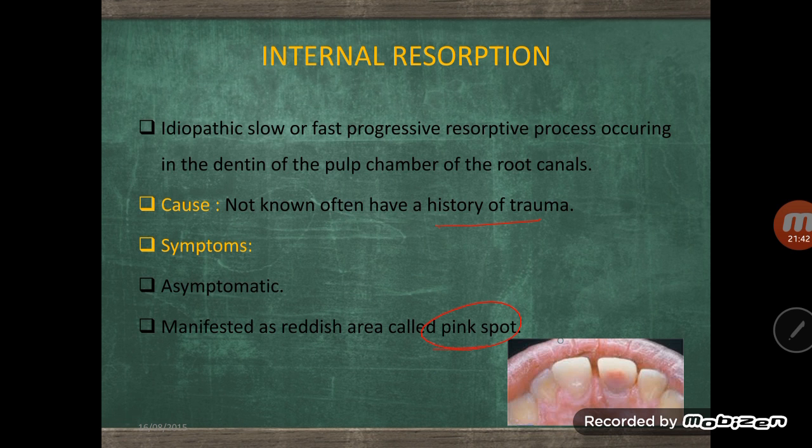Pink spot, or pink tooth, is internal resorption. There is one more word like it, pink disease. Pink disease is mercury poisoning, also called a shift disease. We'll learn it when we deal with heavy metal poisoning.